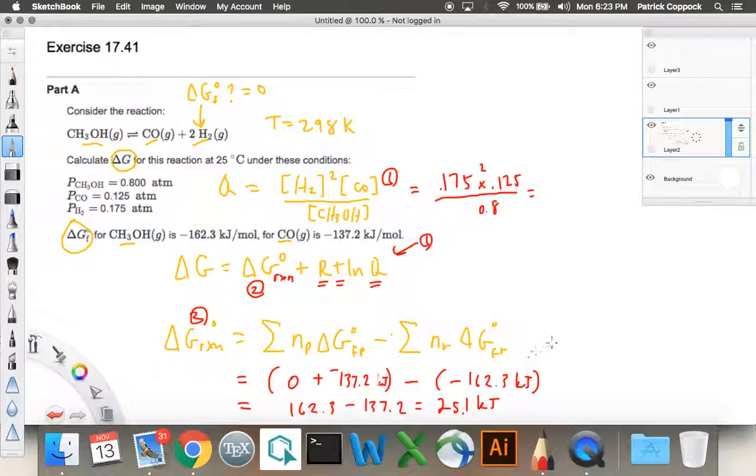Which comes out to be 0.004785. Okay, that's what Q is. Now ln Q, I'll take the natural log of that, comes to be minus 5.3422.